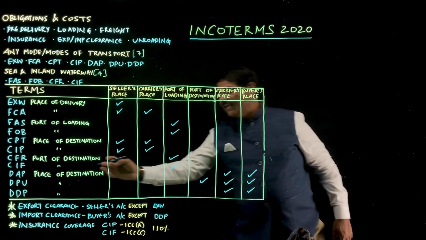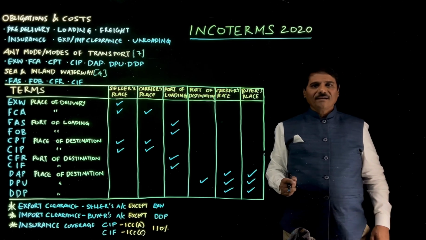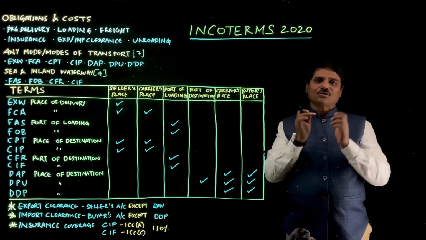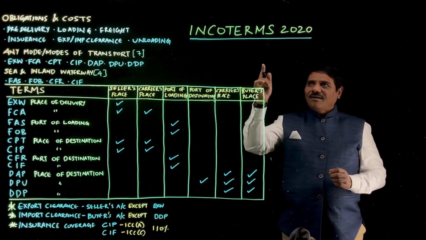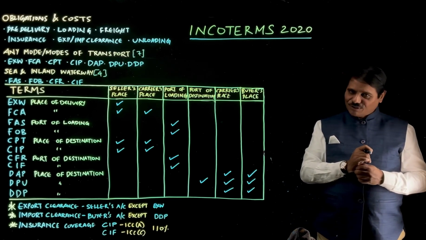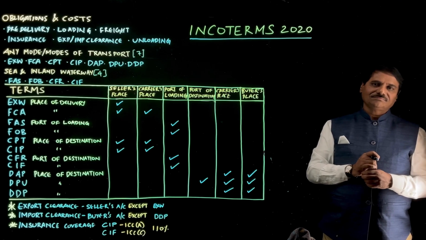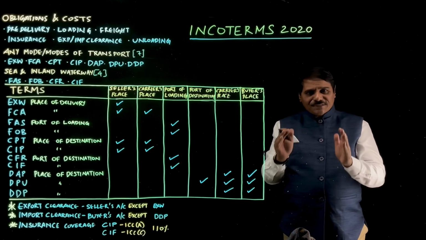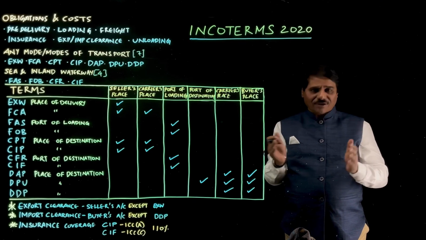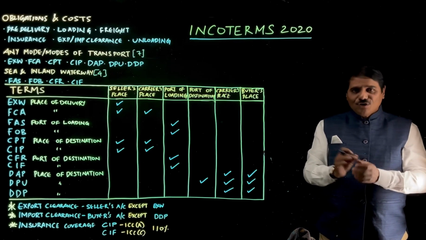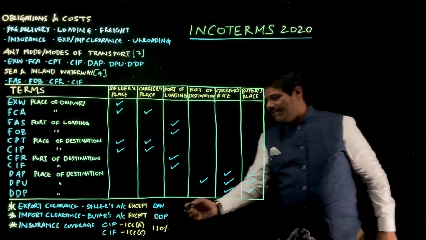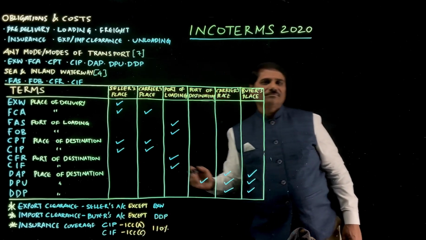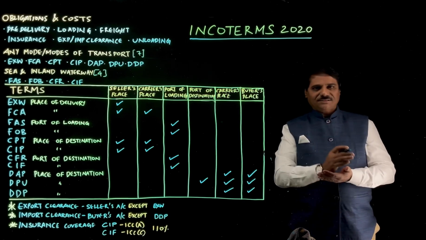But in this case, CIF, what risks are to be covered? Here, as far as Incoterms 2020 is concerned, in the absence of risks to be covered in the sales contract, you must cover ICC C, Institute Cargo Clauses C. That is the least coverage.